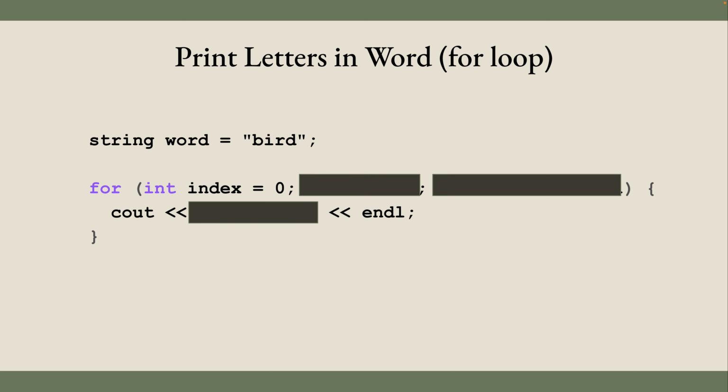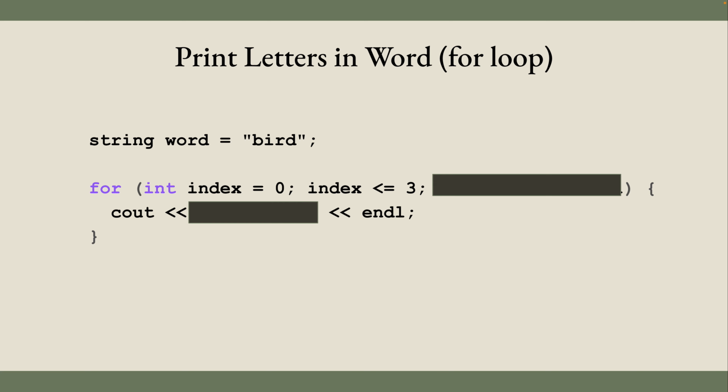What do we put for the condition? Index is less than 4. Yeah, you can say less than 4, or you can say less than or equal to 3. Both work. I saw some off by 1 errors. Again, just count it out on your fingers to see how many times. In this case, index is 0, so it runs the first time. Index is 1, index is 2, index is 3. We've run 4 times. Now when index is 4, that's no longer less than or equal to 3.